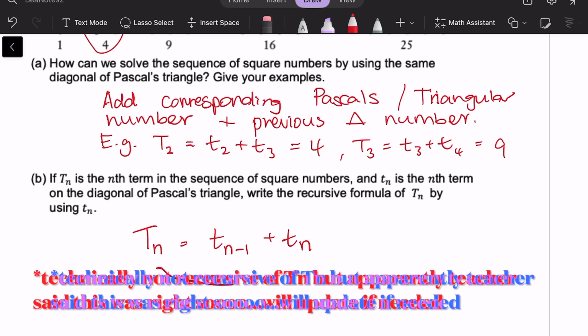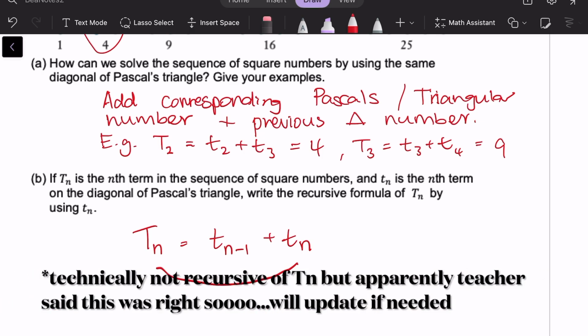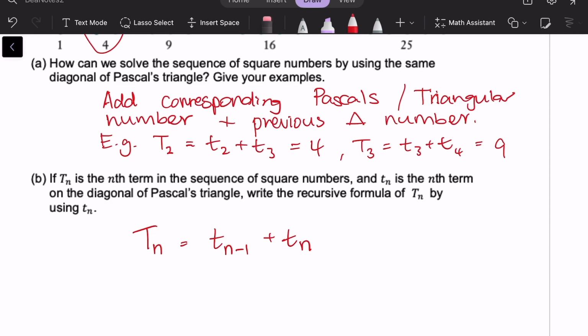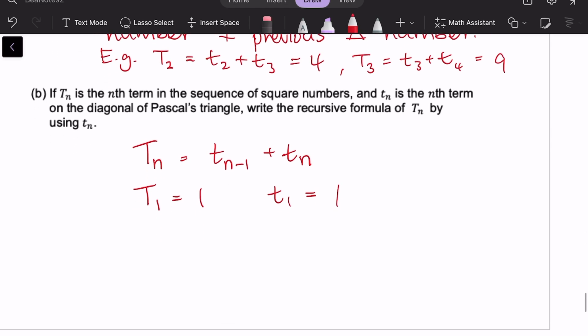Because you take the corresponding triangular number and then the previous one, which is n minus 1. So that one's kind of easy. And remember, it's a recursive formula, so we need to state what T1 is and what little t1 is, which is both just 1, because they start at 1. Okay, we're done.